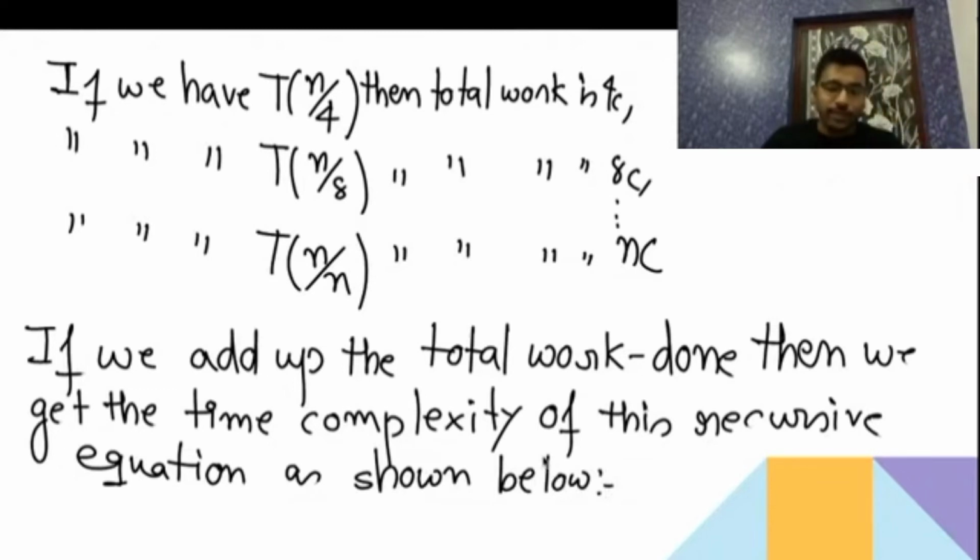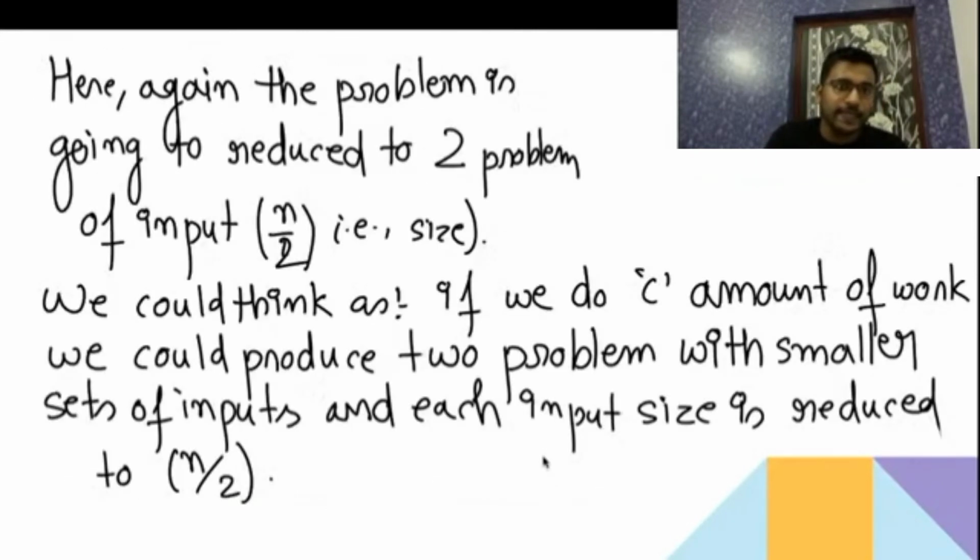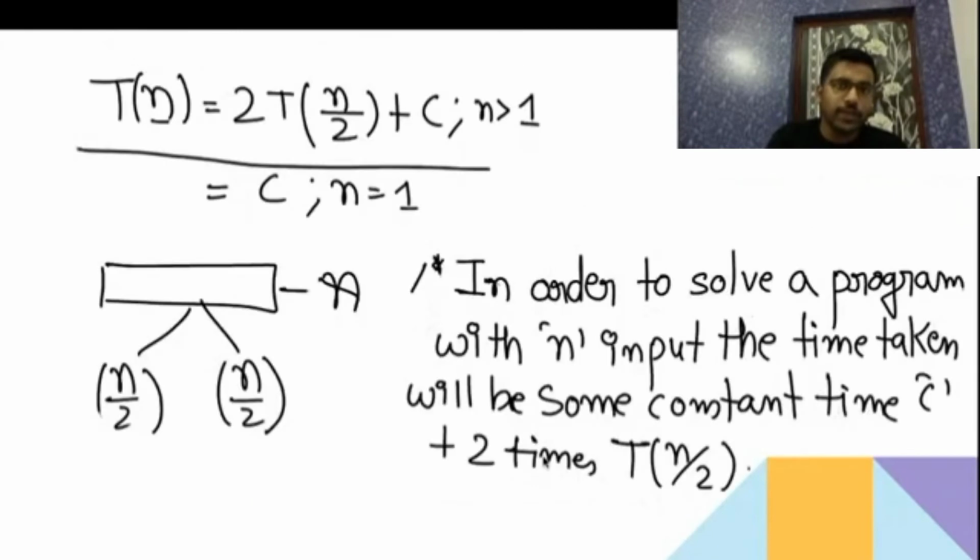Madhura is saying, can you explain it once? Okay, just give you a brief. Those who are writing, take this screenshot so that in the meanwhile you can write it. Now see what I am saying here. In the recursive equation, this equation is saying that the size of the problem is n. You do some constant amount of work, that is c, and you divide that problem into two subproblems of size n by 2.